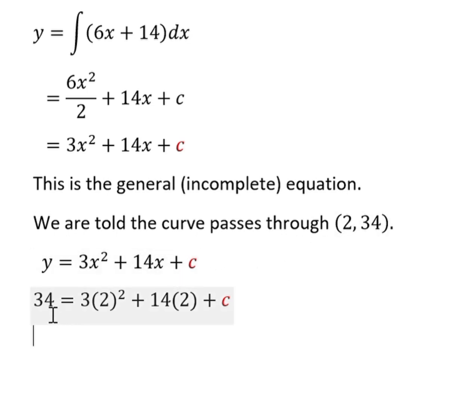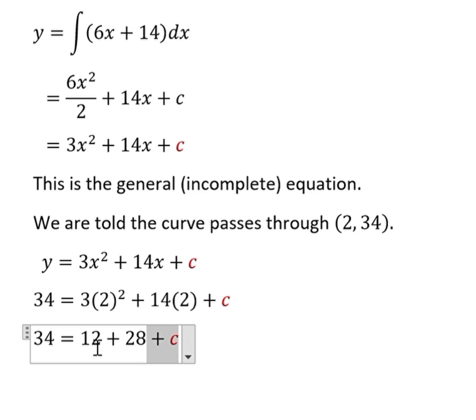So this will give us 34 being equal to, this one gives us 3 times 4, giving us 12, plus 28 plus c. So if you simplify this, you get 40. So we have 34 is equal to 40 plus c.